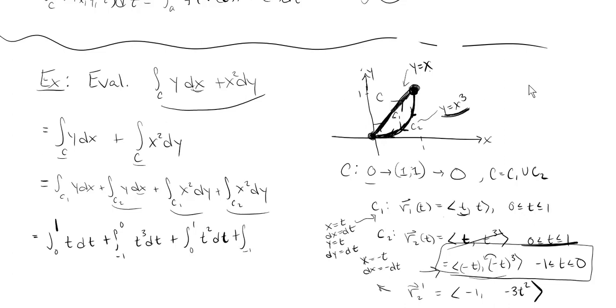We're going from negative 1 to 0. X squared is just negative t quantity squared, t squared. A dy is going to be, remember, y is negative t cubed. So dy is negative 3t squared dt.